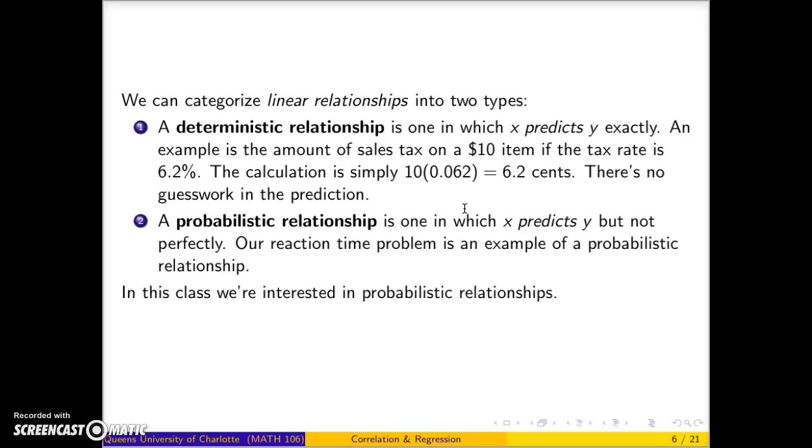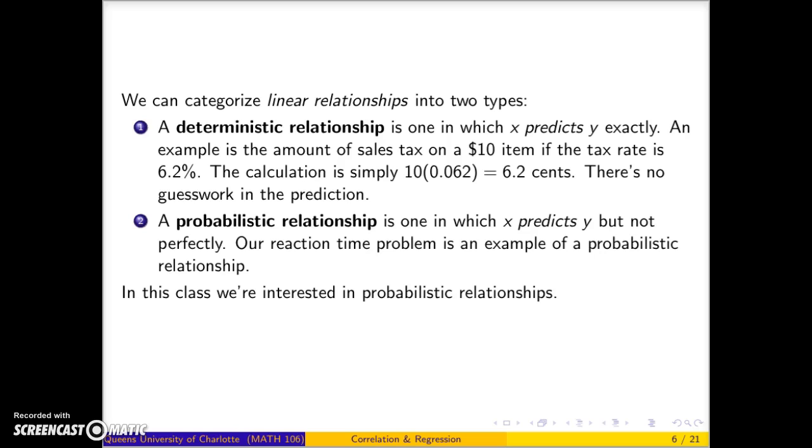Linear relationships can be categorized in two ways: a deterministic relationship, which is one in which X predicts Y precisely. An example would be sales tax. If you're using the price of an item to predict the sales tax, if you know the tax rate, that's precise. There's no guessing in that case.